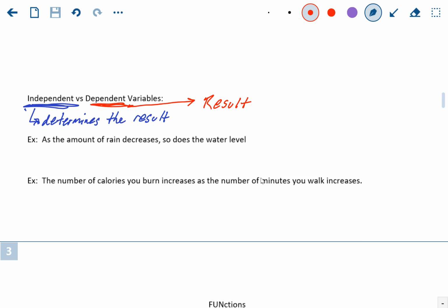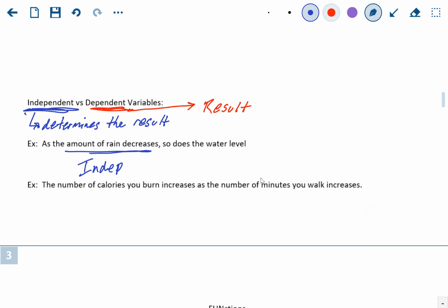The amount of rain determines the water level. So the amount of rain is the independent variable. And the water level is the result, the dependent variable. The amount of rain determines the result, and that result is the water level.